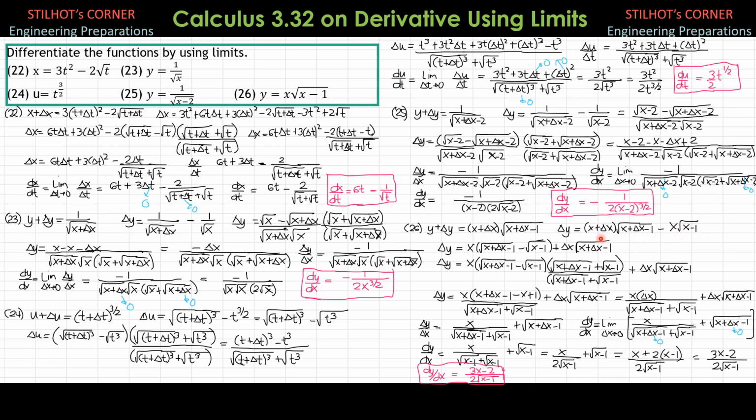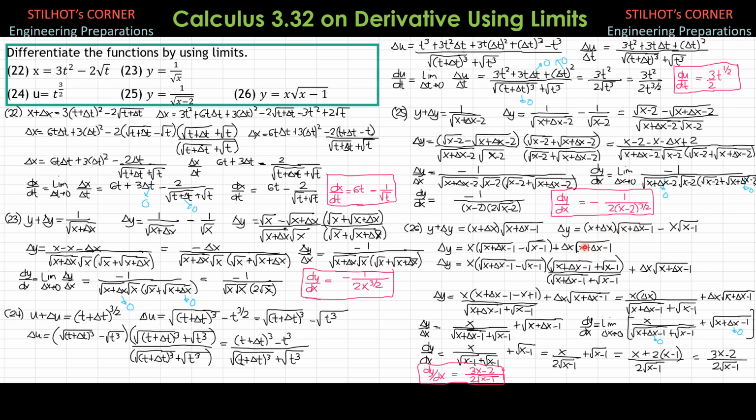So common x, we factor that out. So x times the quantity square root of x plus delta x minus 1, then minus square root of x minus 1, and the other term is delta x times square root of x plus delta x minus 1.